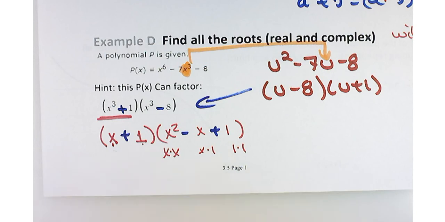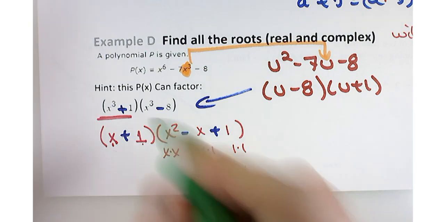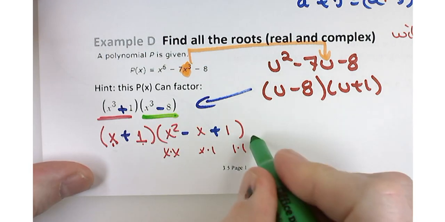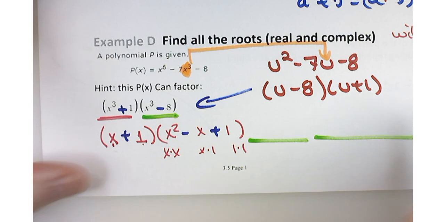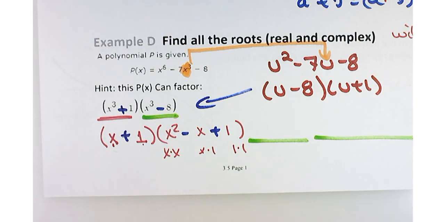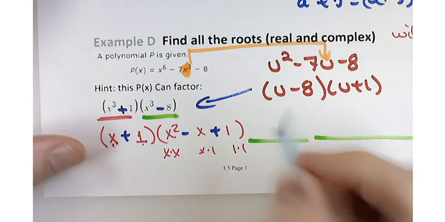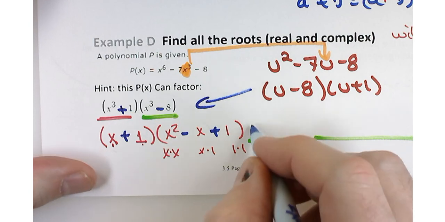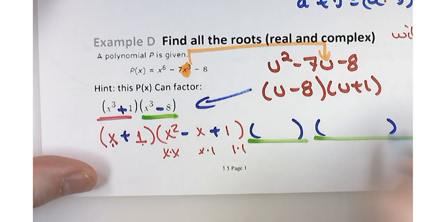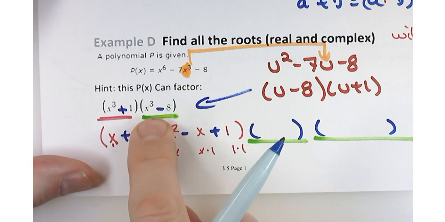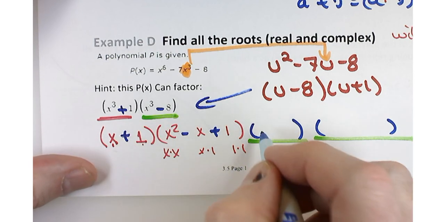Now test yourself on this other one here. So this other one, let me do this. Again, you're going to have a binomial times a trinomial. So ask yourself, what do you cube to get the first term? Well, that'd be an x.